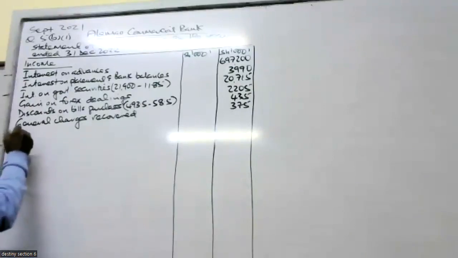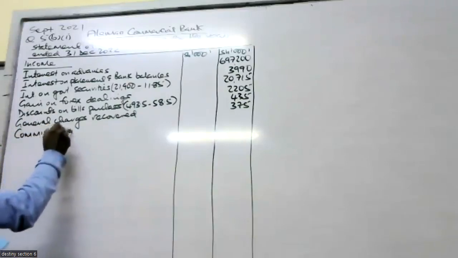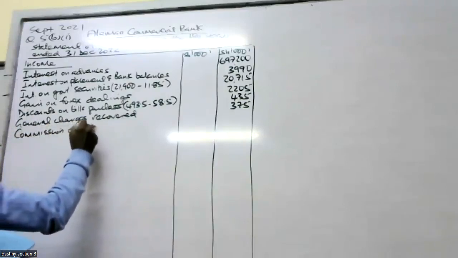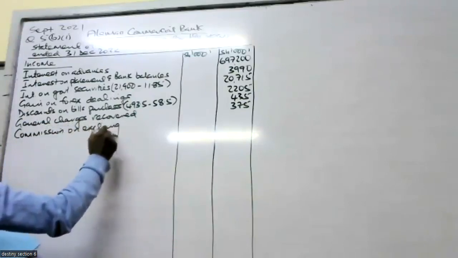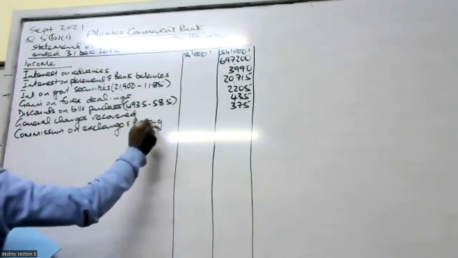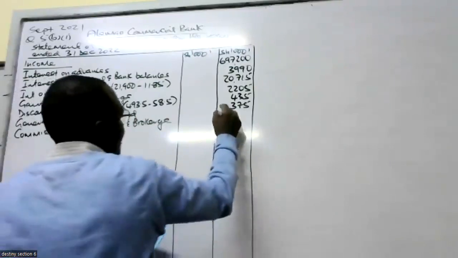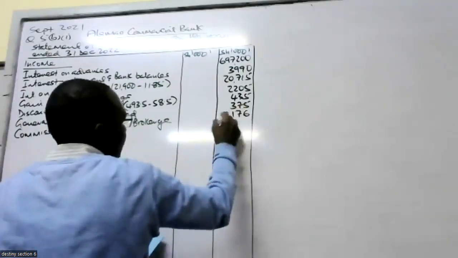The commission on exchange. So the bank does this. Commission on exchange and brokerage, 1176.